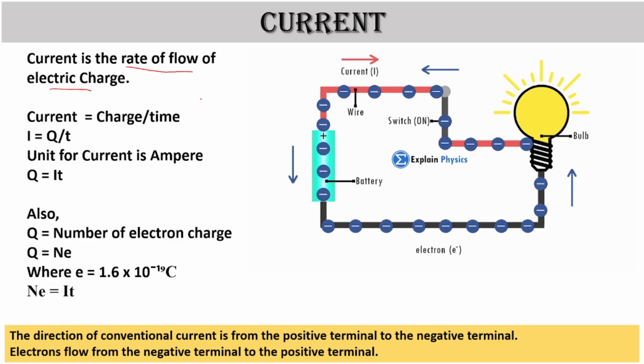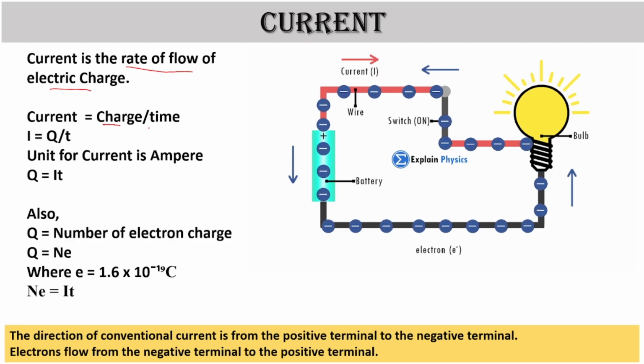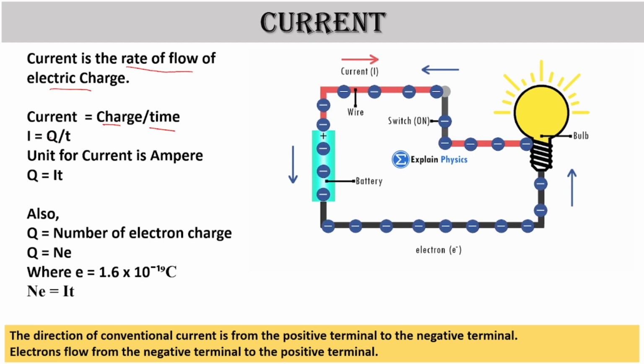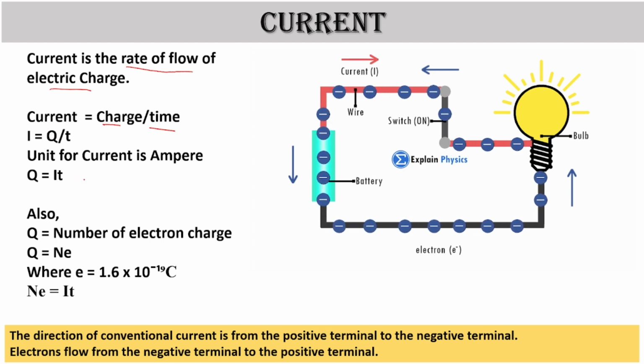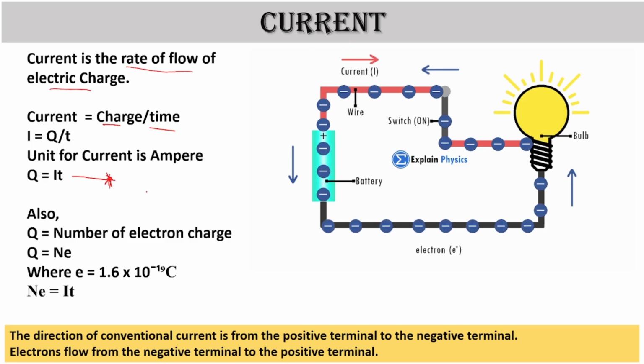If we are saying that, it means that current equals charge over time. Don't forget that. By making time the subject, we have Q equal to IT. That is how we arrive at this.